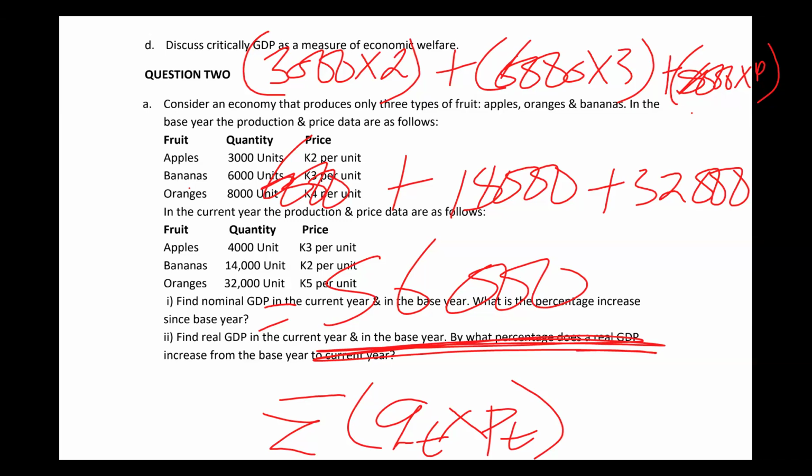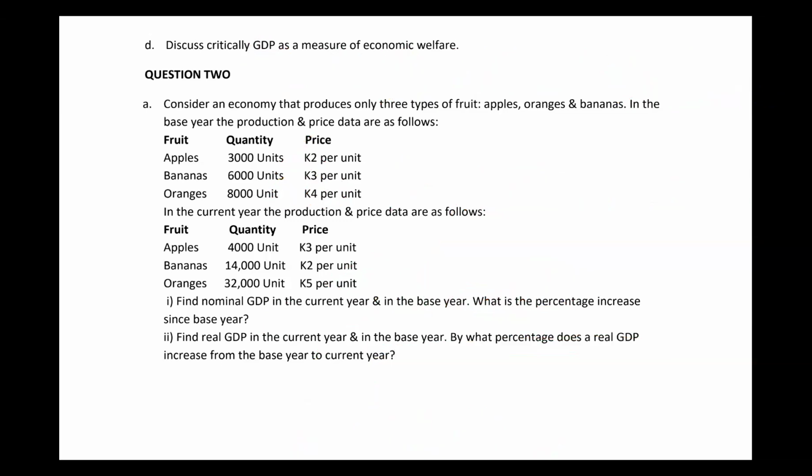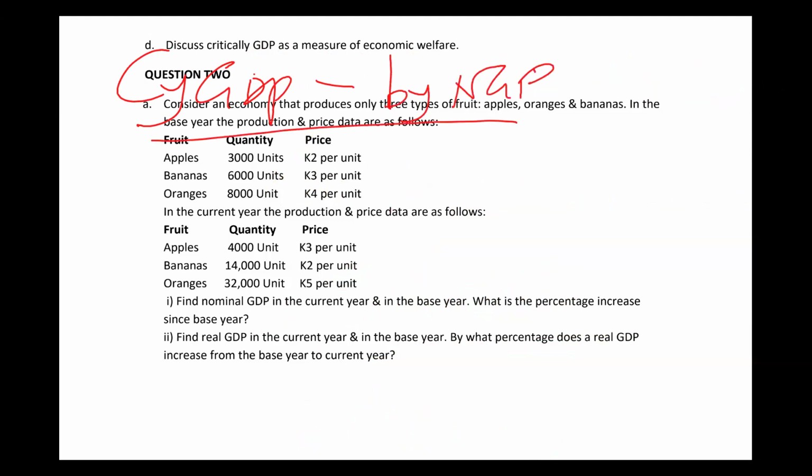So if they ask you to find the percentage increase since base year, then we just find this by writing the current year nominal GDP minus the base year nominal GDP, divided by the base year nominal GDP, multiplied by 100, okay?